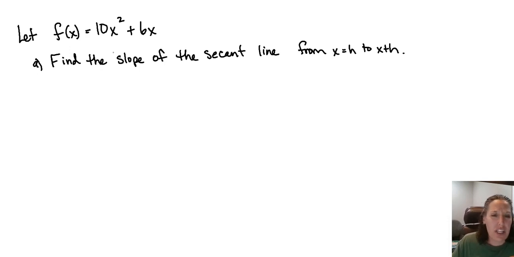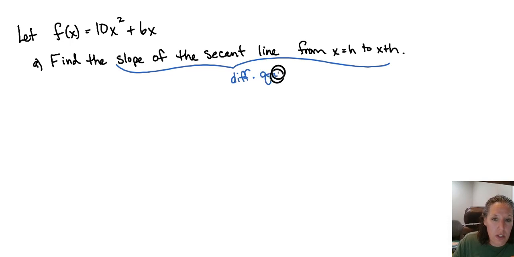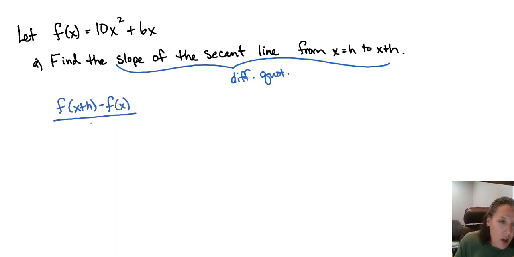So this right here is also called the difference quotient. And the difference quotient is f of x plus h minus f of x all over h.